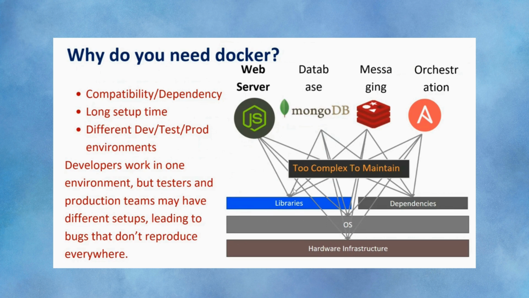As you can see, from the very start we were using bare metal servers, so we would be installing operating systems on the servers themselves. That was the first level. It was somehow solved by the virtual machine, where we can have a single server with multiple virtual machines.